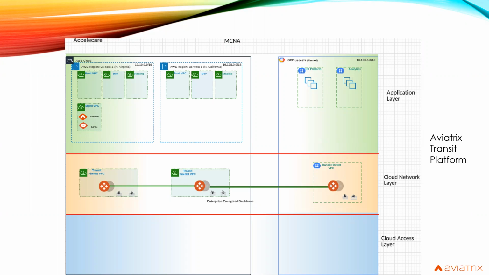So we see peering from AWS US East directly to GCP, and we also have the 2 AWS regions peered, and lastly we have the transit in US West peered with GCP. So it's a full mesh there. We have the direct connectivity, and we're not having to go through any other intermediaries.